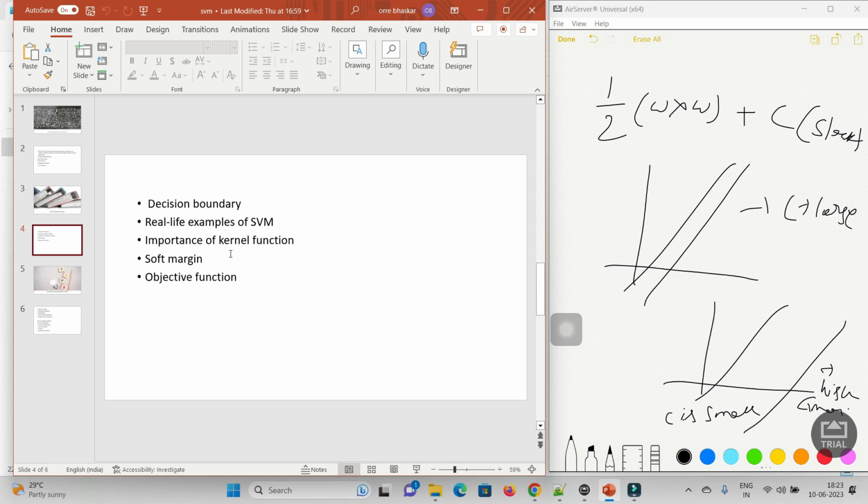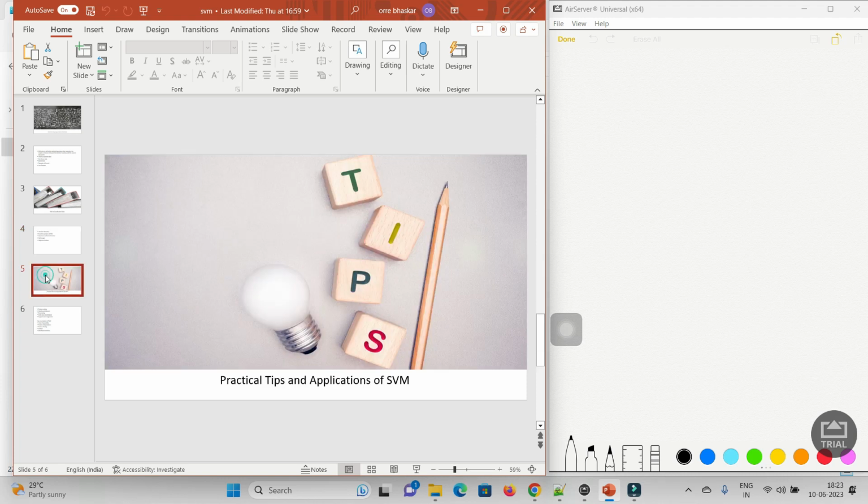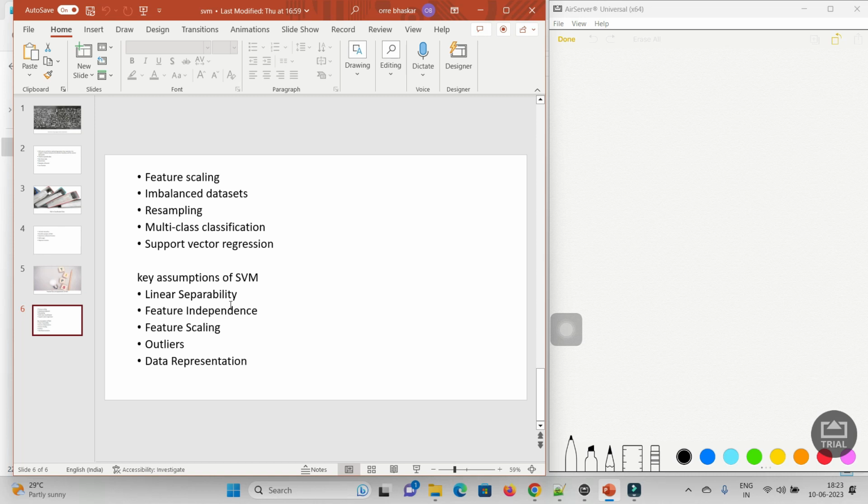Okay, fantastic. Now that we explored SVM in classification tasks, it's time to dive into our final section, practical tips and applications of SVM. In this section, we'll discuss some practical tips to help you use SVM effectively and explore its diverse applications.